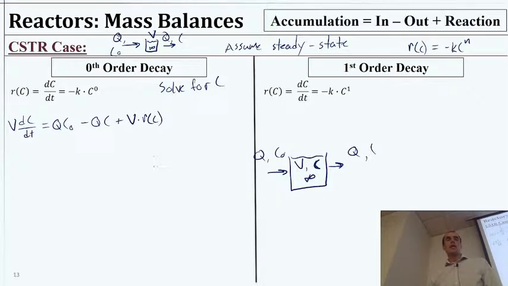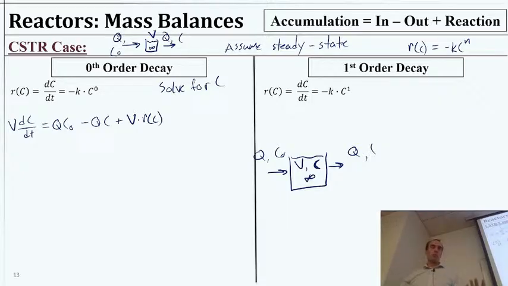Now here's where you need to remember, and I have a reminder right here, that for a zero order decay reaction, we'll add a negative in there to say we're decreasing. Because it's zero order, the way we describe this reaction is the rate constant times the concentration to the nth power, where n is the reaction order.